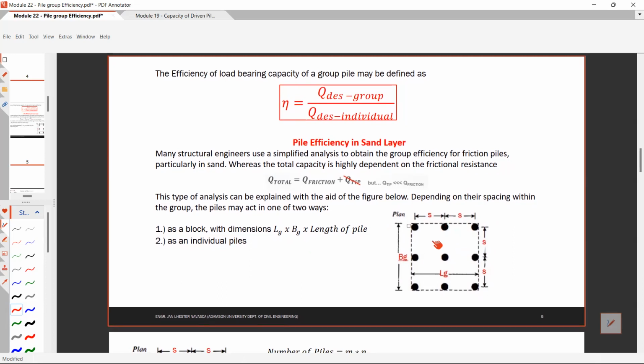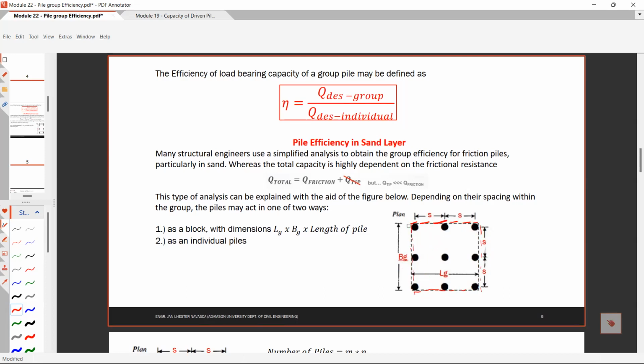Yung effective area na yon is the perimeter of your exterior piles, nasa labas na piles mo. So exactly dun siya mismo, dun sa pinaka end nung exterior piles, which is this one, and this one.